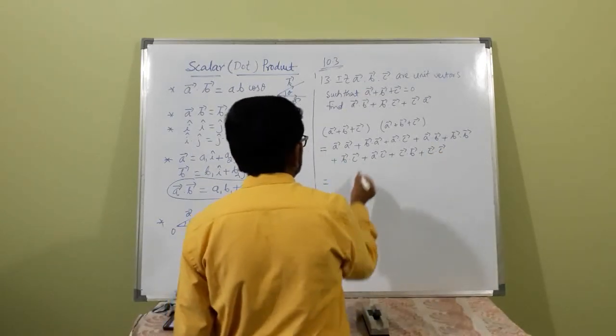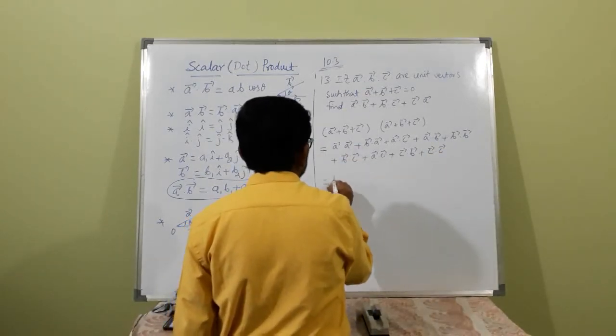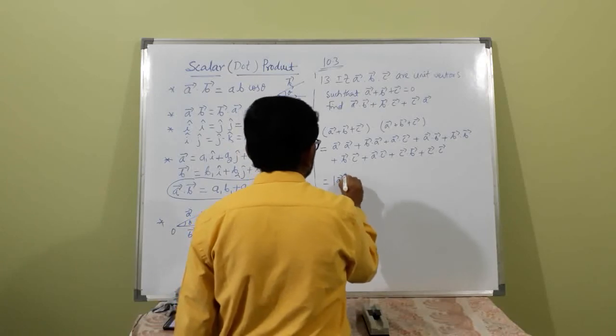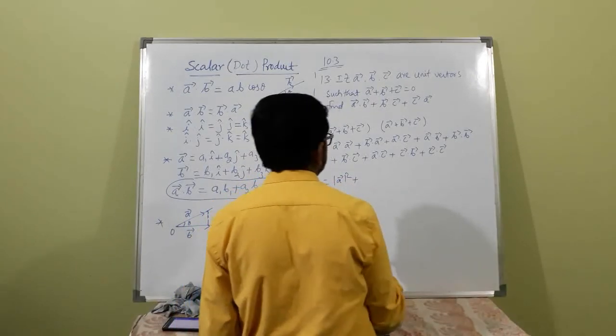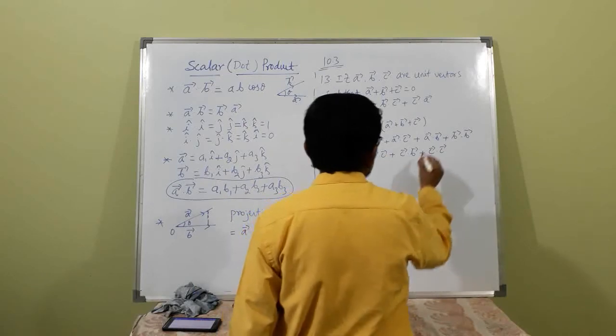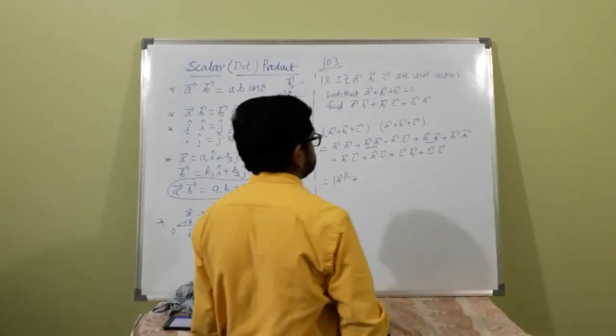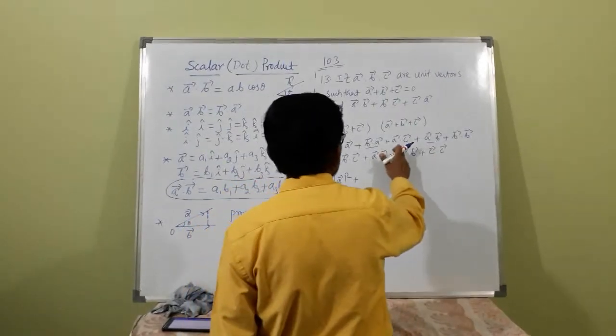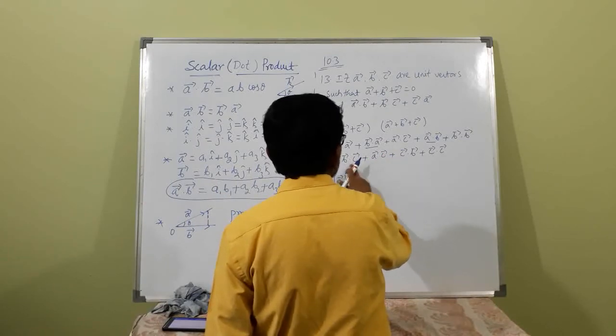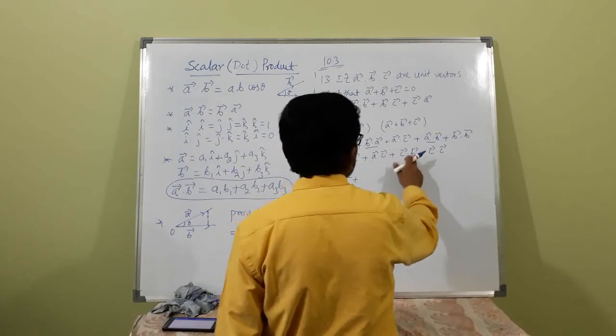This is equal to A dot A is A squared plus, A dot B and B dot A are the same, A dot C and C dot A, B dot C and C dot B are the same.